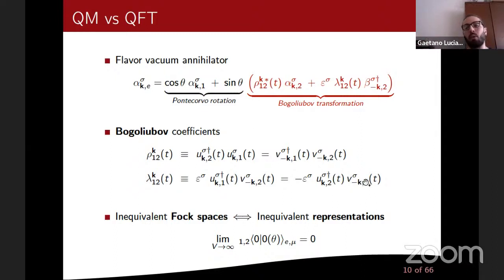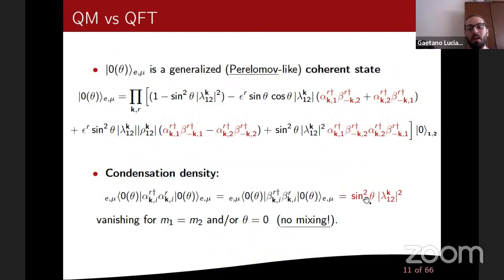So in that case this coefficient is 0, and the condensation density goes to 0. So we no longer have any inequivalence between the two representations in the absence of mixing. The same happens if we put theta equal to 0, because again we don't have mixing. So in the limit where there is no mixing, we recover the standard quantization for definite mass fields.